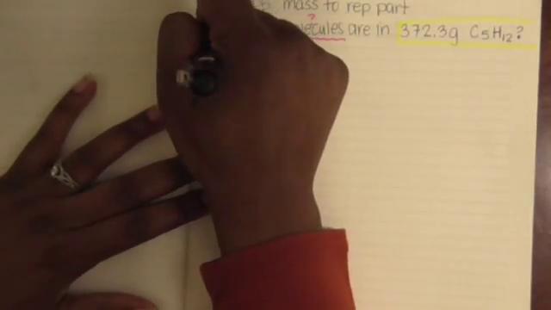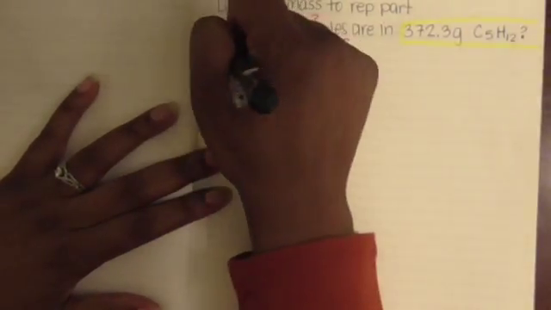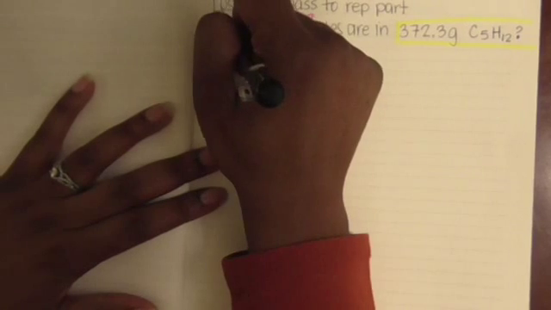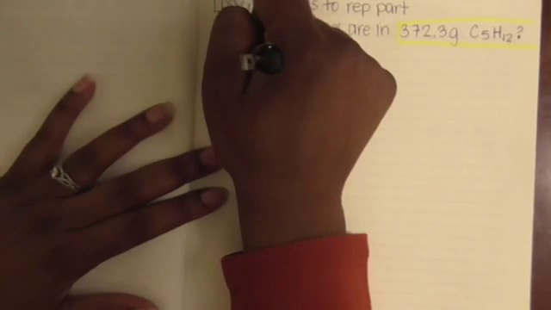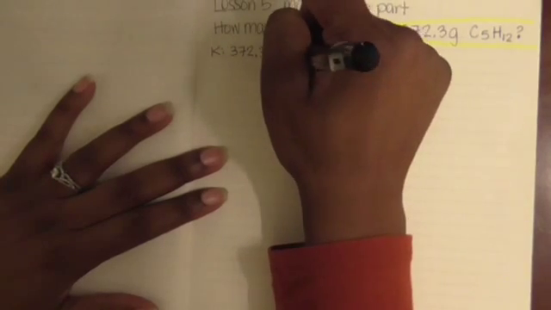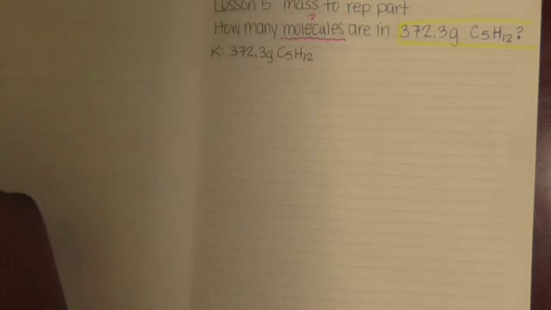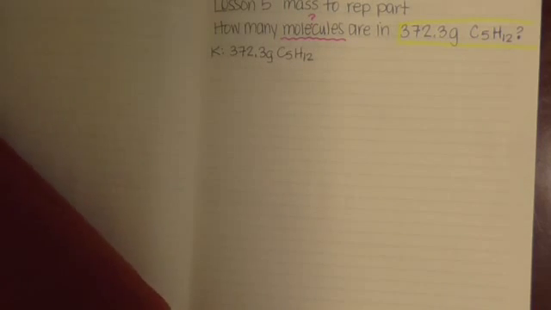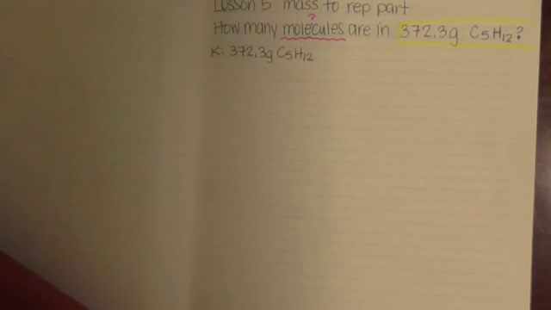First, we're always going to start with writing our knowns. And we always put our knowns in our groovy little yellow color.